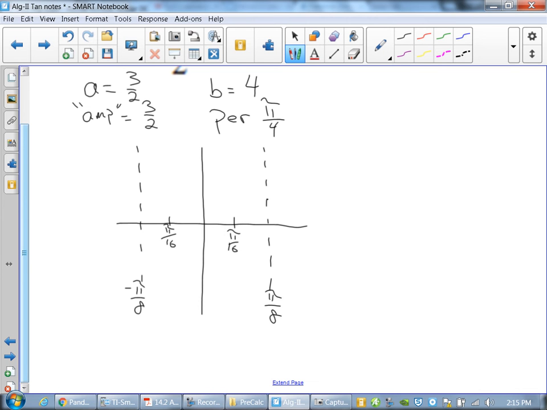Our amp is at 3 over 2 and negative 3 over 2. Our A value, was it positive or negative? Positive. Which way is this going? Down, up. It's increasing from left to right.